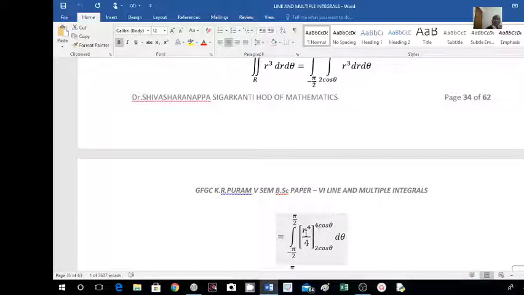Substituting the limits, for the upper limit in place of r I have to put 4 cos theta. This is 4 to the power of 4 cos 4th theta and 1 by 4 is there, minus the lower limit 2 to the power of 4 cos 4th theta.